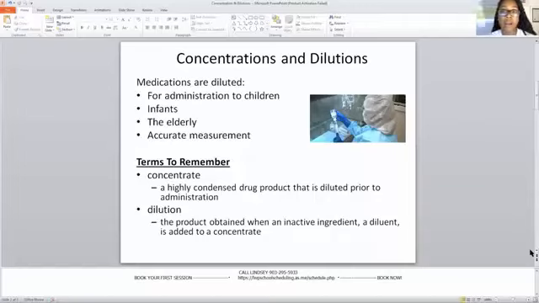When you think about concentrate, think about those frozen cans in the frozen section, where they sell apple juice and orange juice over by the ice cream in the grocery store, and it says 100% concentrate, you need to add water to it.